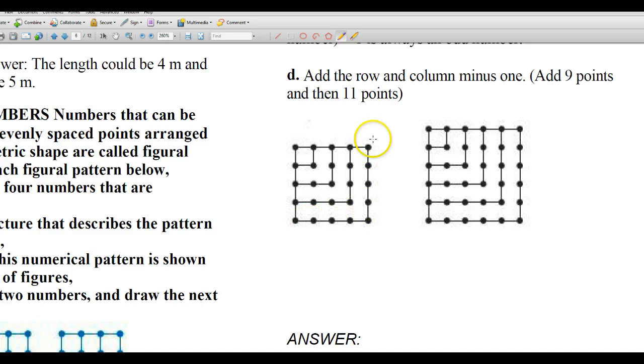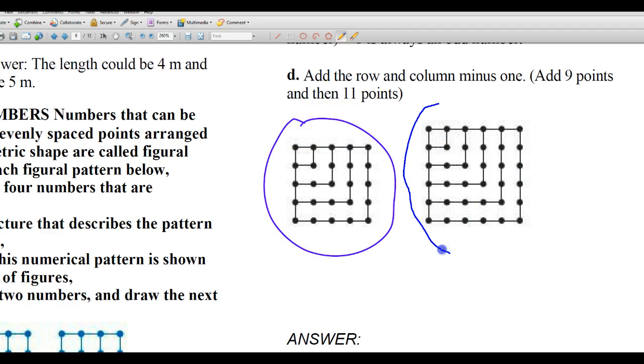So in this diagram we can see this would be position number 5, so we're taking 2 times 5 minus 1, so we're adding 9. And then this would be position number 6, so 2 times 6 minus 1, so 12 minus 1, we're adding 11 points. So we would get this figure and then this figure by adding 11 points.